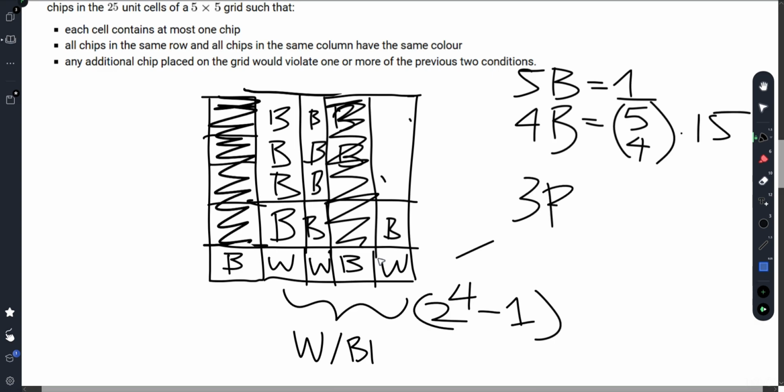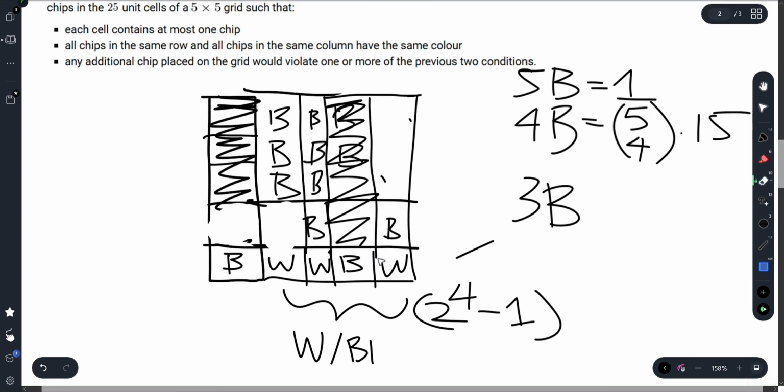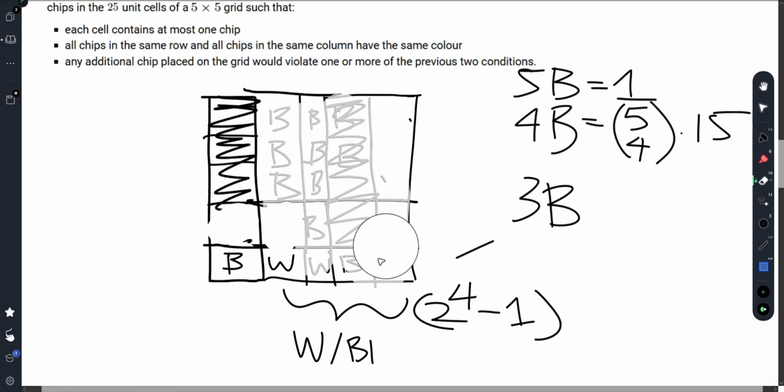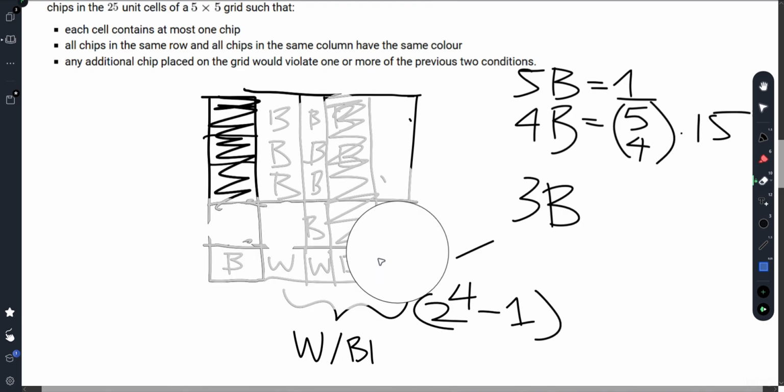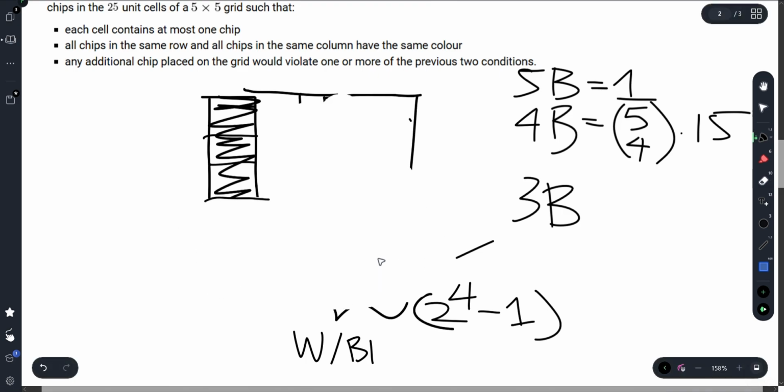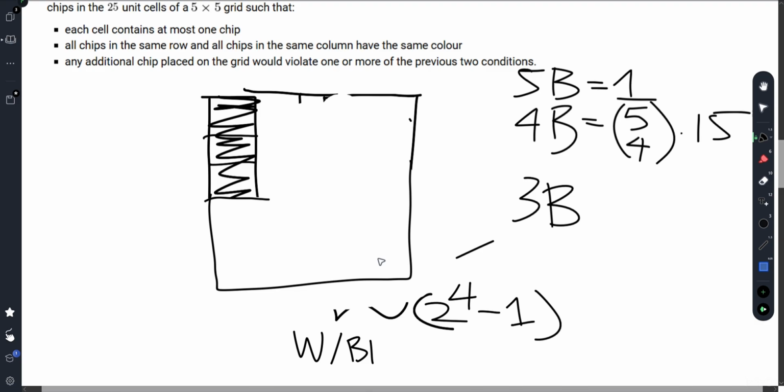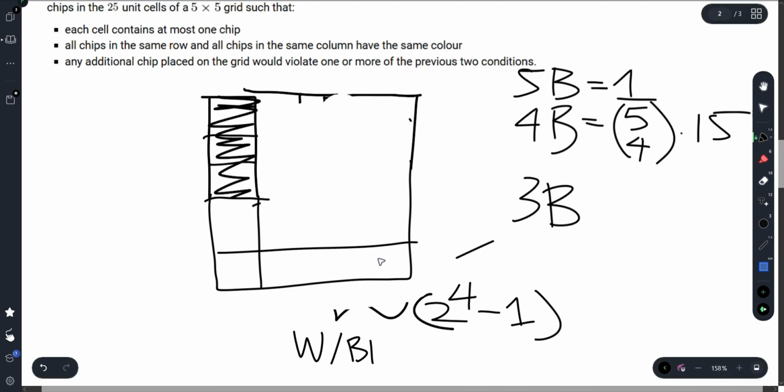3 blacks, sorry. So this is just 2 empty spots here. Let me erase all this. Okay. So 3 blanks.